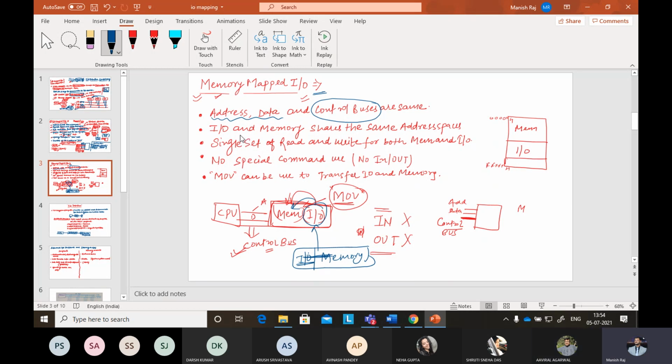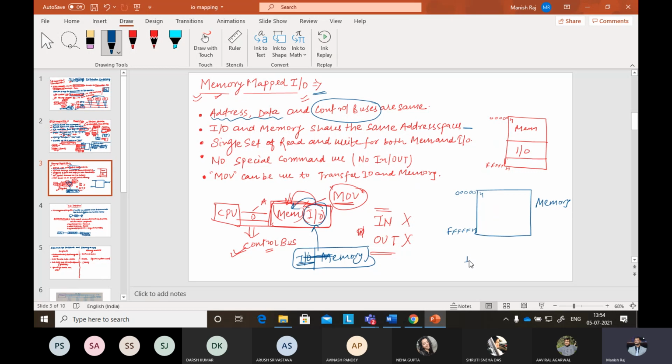Okay. Now, second thing, the same address space. Because I am making the memory and the IO the same thing, you have to provide a similar address space. Similar address space means, if the memory address space starts from 0000H to FFFFFH, okay, these are the addresses of the memory.